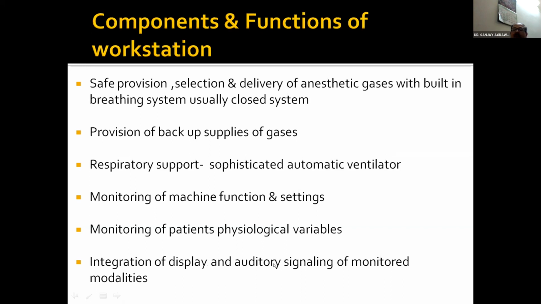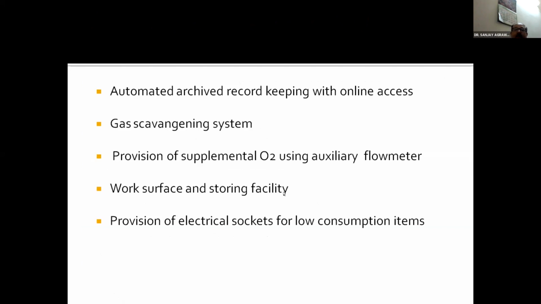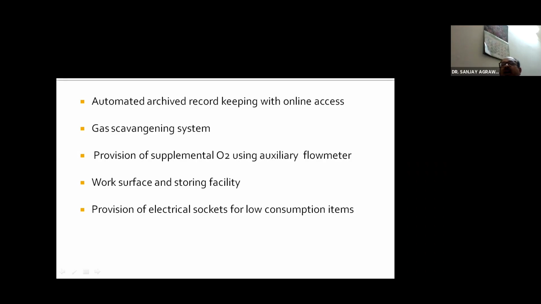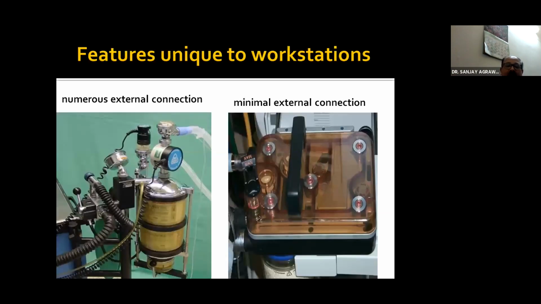Integration of display and auditory signaling of monitored modalities. Automated archived record keeping with online access. Gas scavenging system. Provision of supplemental oxygen using auxiliary flow meters, work surface and storing facilities, and provision of electric outlets for consumption items like the infusion pumps that we are using. So this is something which totally makes up an anesthesia workstation.